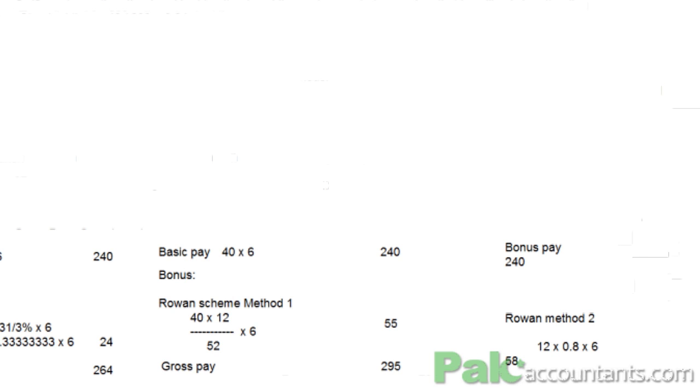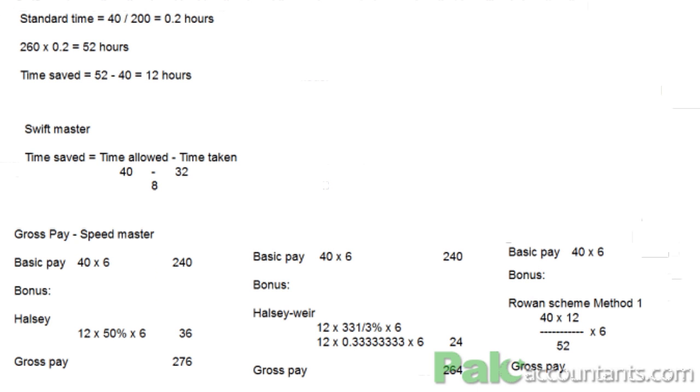But one thing that we really need to understand is that in the case of Swiftmaster, we'll be calculating basic pay only on a 32 hours basis, because he worked only for 32 hours and he left the job. Okay, he went to a wedding, so he won't be paid for 40 hours. It will be paid only for 32 hours. The rest of the calculation is almost going to be the same. You just have to change the values.